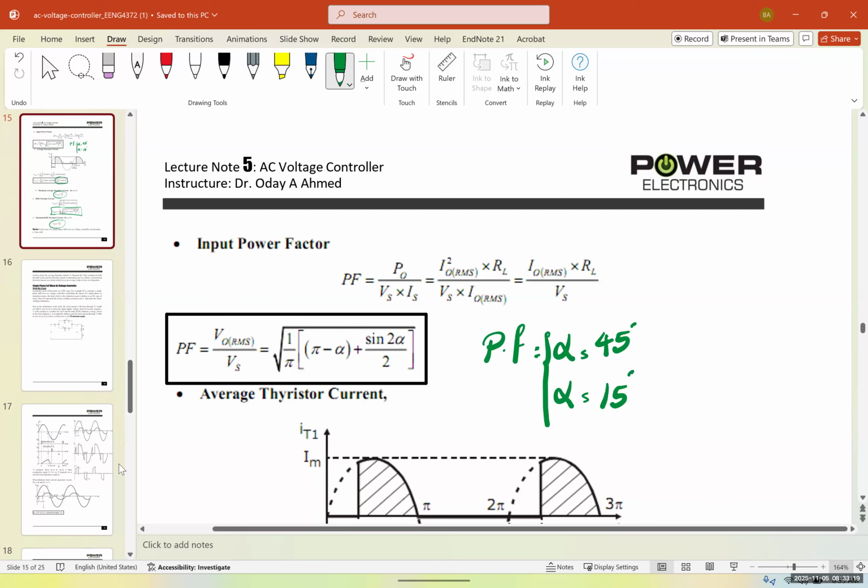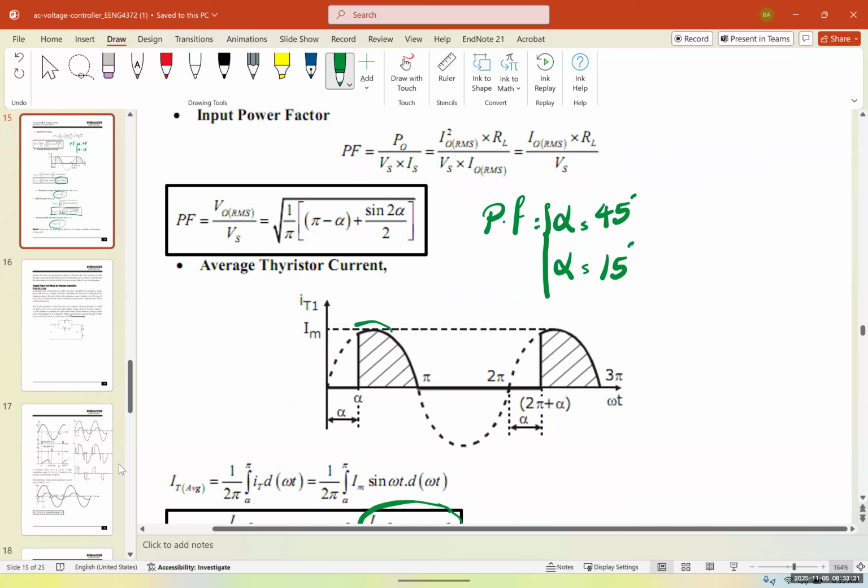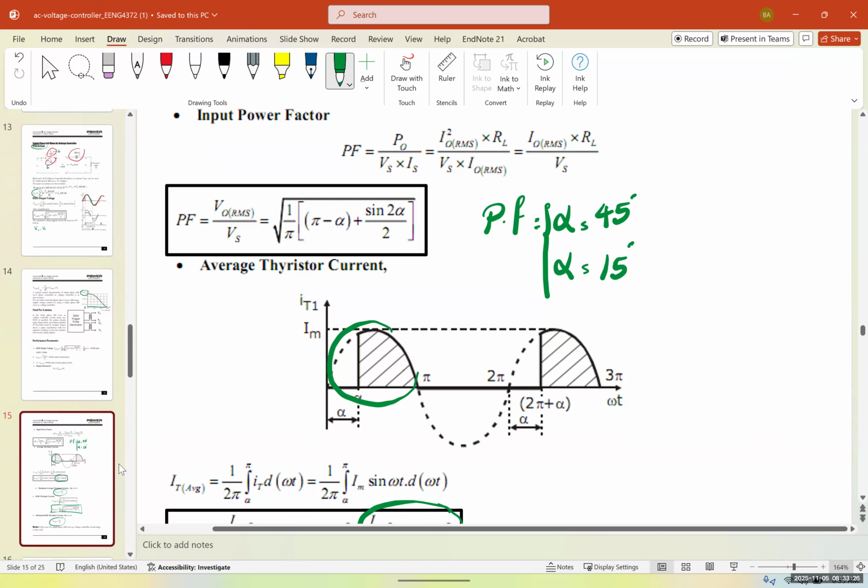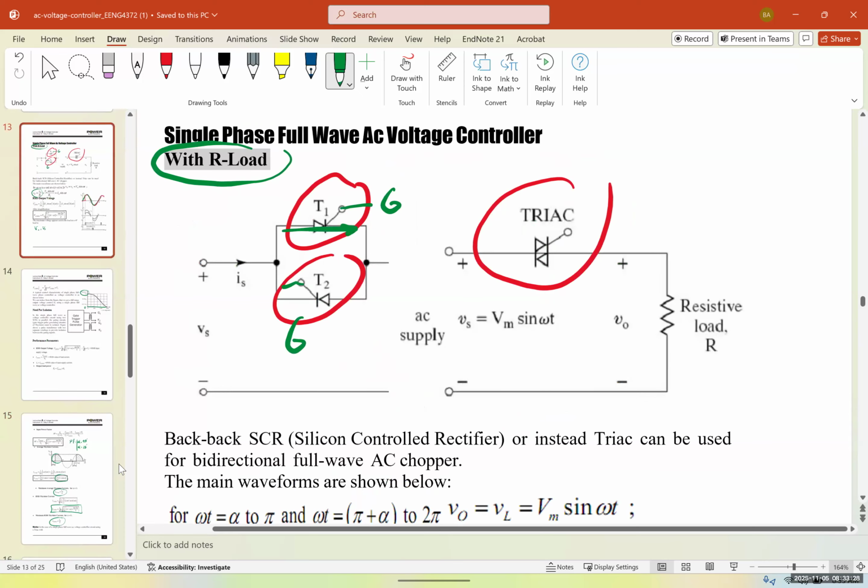Again, the reason that we only calculated this in the positive side is because each thyristor in this case is only conducting in one half cycle.